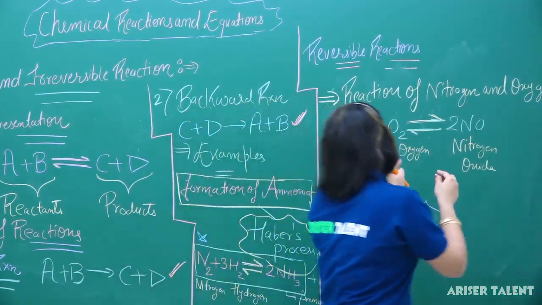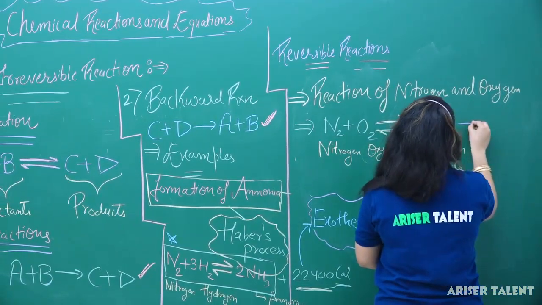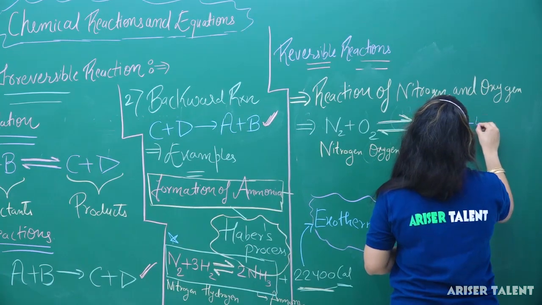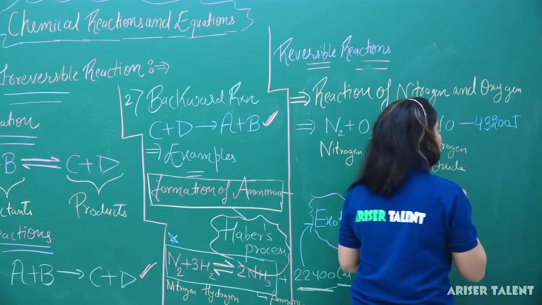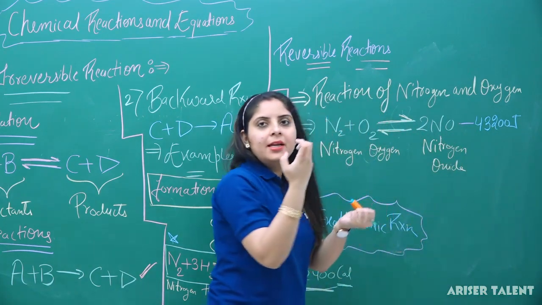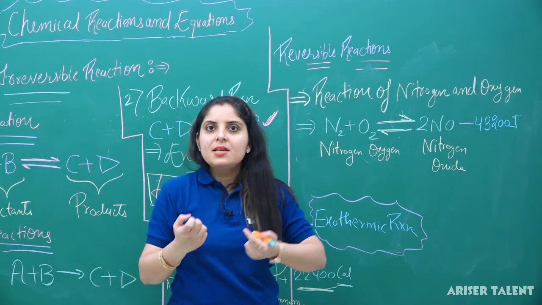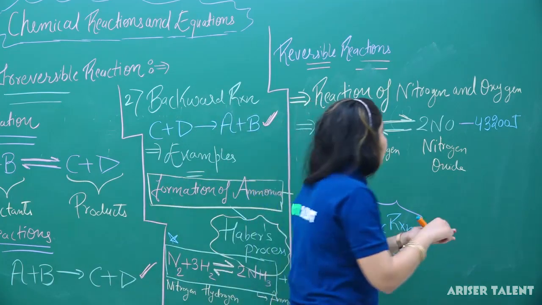Now, what happens in the case of nitrogen and oxygen? The heat is taken. So, the amount of heat taken is 43200 joule. So, here the negative sign indicates the heat will be absorbed in this process, and the positive sign indicates that the heat will be evolved in the given reaction.